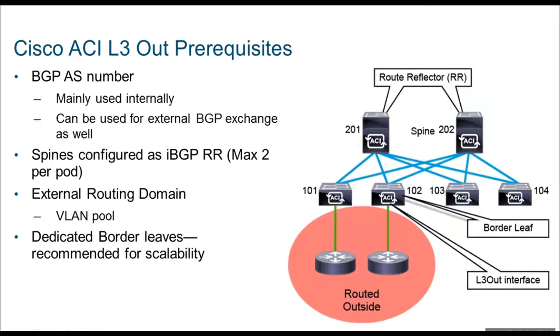Another troubleshooting discussion. Your layer 3 out. This is one big giant data center. If you have multiple tenants, each tenant might have their own layer 3 connections and policies.